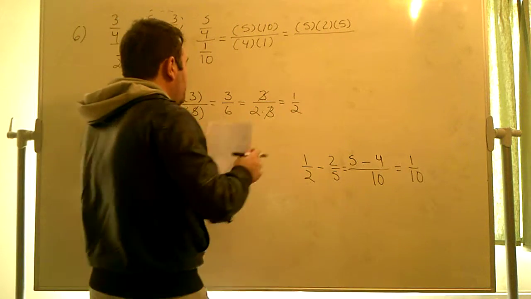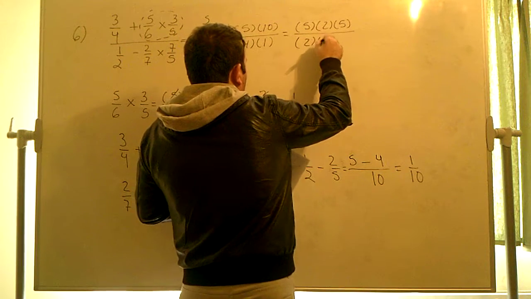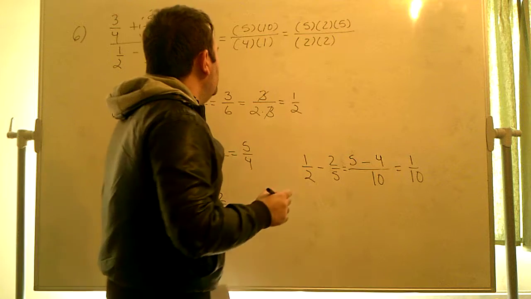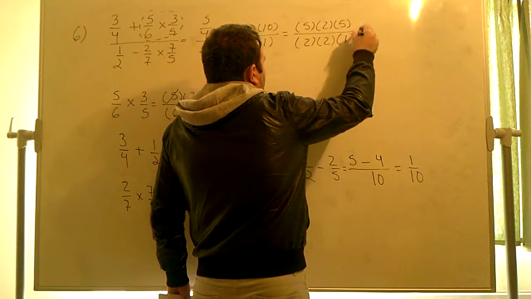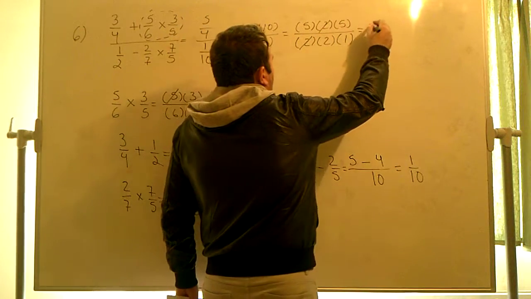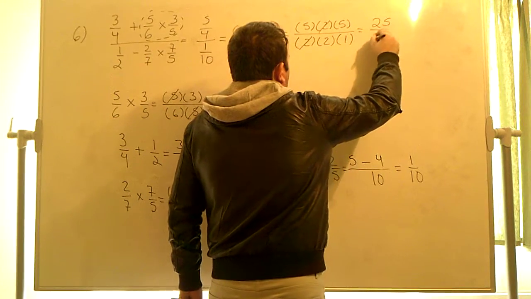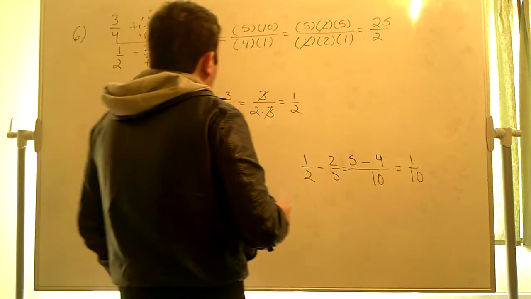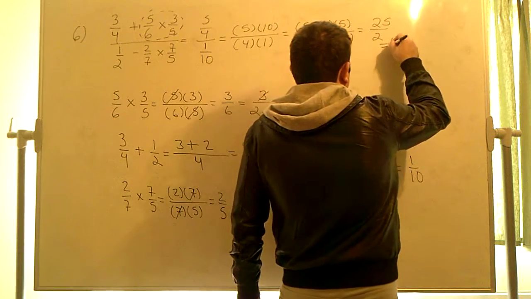And 4 is equal to 2 times 2. So we can write down the 1 here, and then 2 divided by 2 is 1, so we will have 25 halves. And this would be our final result.